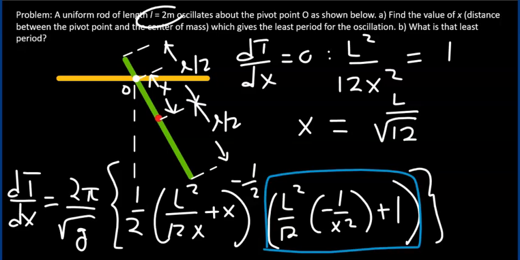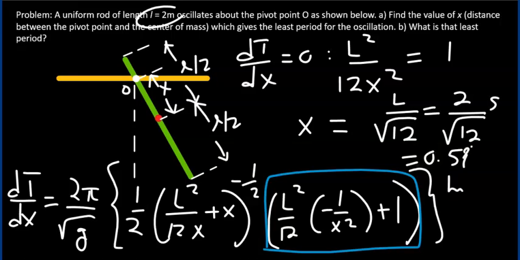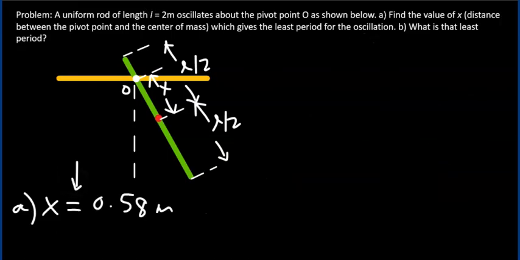Since L is 2 meters, x that makes T minimum is 2 over square root 12, and that's going to give you 0.58 meter. And that's the answer for part A. So the answer is written here.